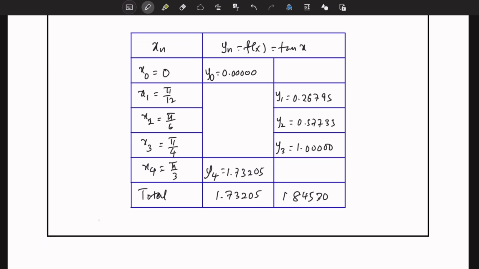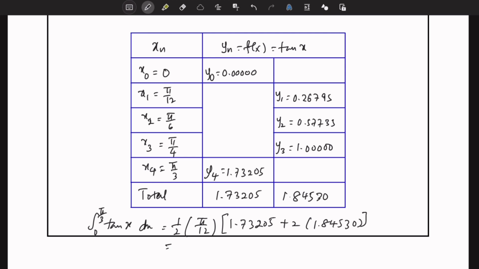So the integral of tan x dx from 0 to pi over 3 is equal to half, your h is pi over 12, times the totals: 1.73205 plus 2 times 1.84530.